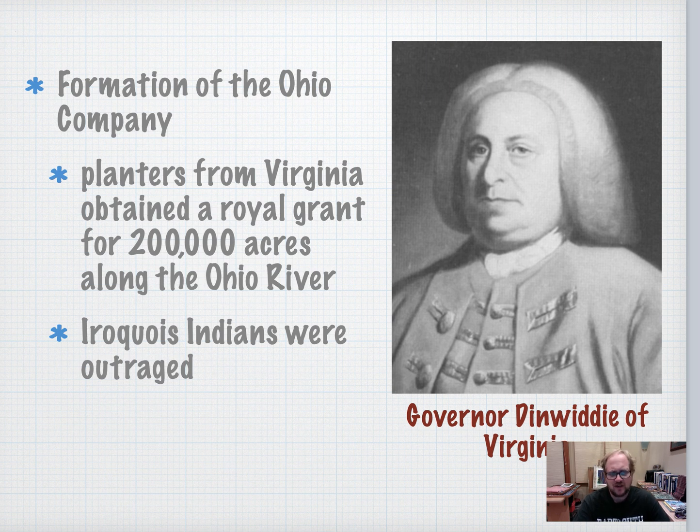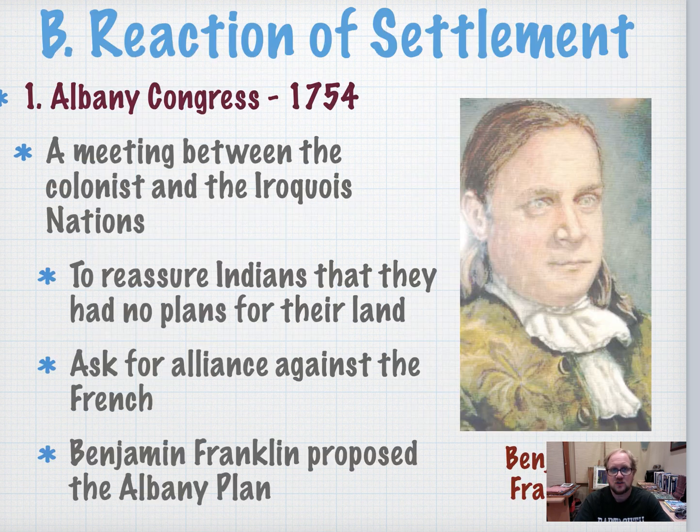So America saw this problem. Benjamin Franklin saw that the best way to deal with this problem early on is basically to get the Iroquois on the American side. So Franklin came up with this Albany Congress. Basically, let's meet. Let's have American colonies come together. Let's meet with the natives, and let's try to form a pre-war alliance. Let's try to reassure the natives that the Americans had no plan to permanently settle in all the area.